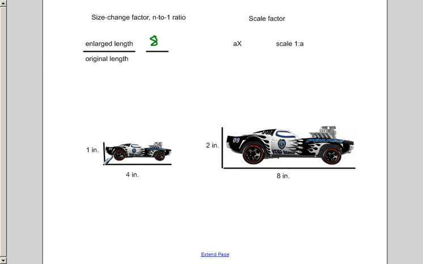And the original length is 4 inches. So we have a size change factor, or a ratio, of 8 to 4, which could be simplified to a 2 to 1 size change factor.